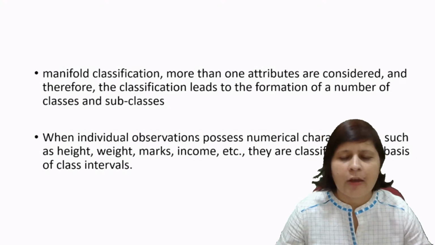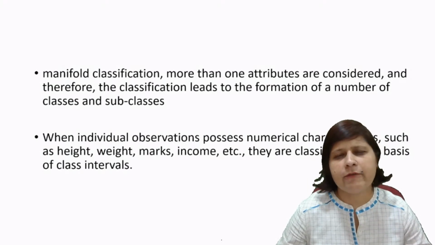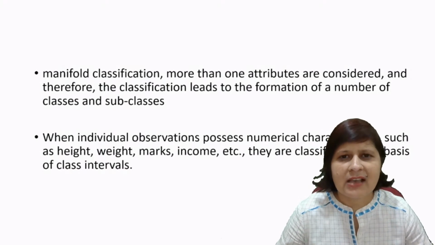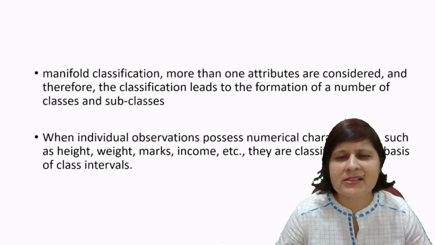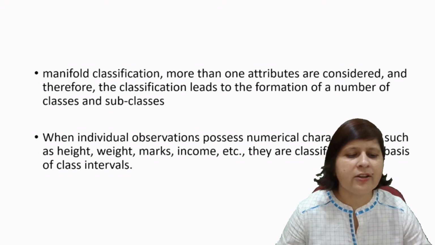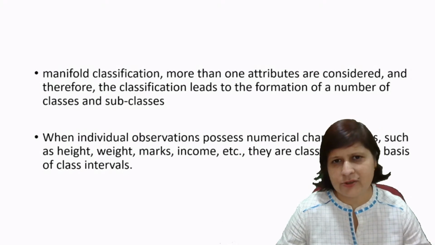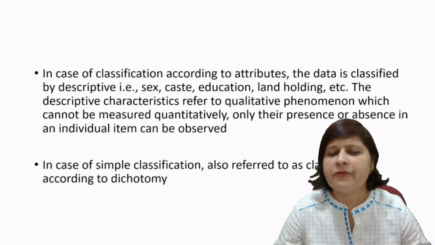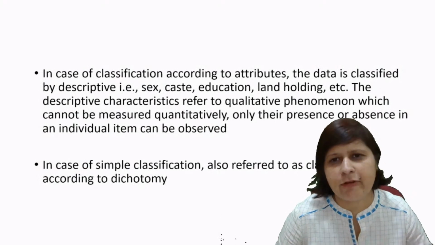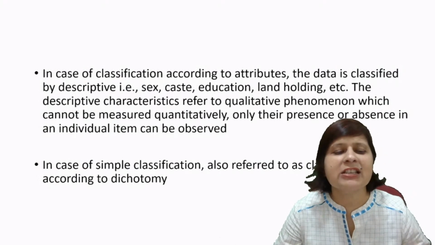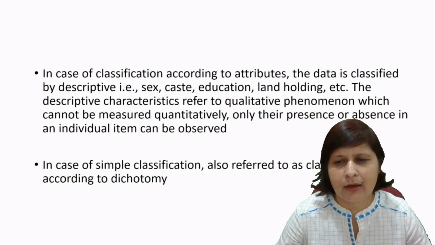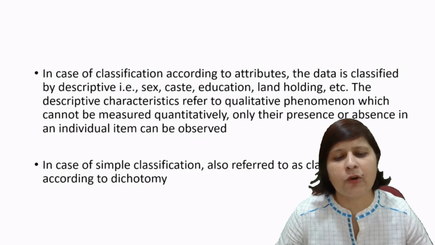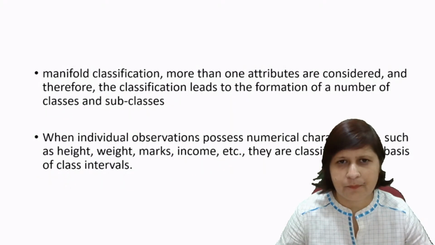When individual observations possess numerical characteristics such as height, weight, marks, etc., they are classified on the basis of class intervals. So the first one is classification according to attributes. It is a descriptive type of classification. Only their presence or absence could be observed.